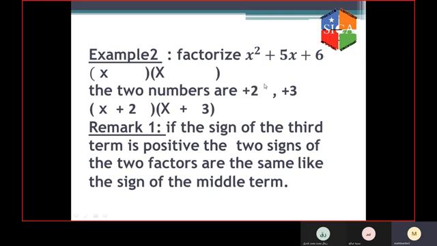We find that the two numbers are positive 2 and positive 3. Then x plus 2 times x plus 3 is the factorization of x squared plus 5x plus 6. It's easy to know: if the last term sign is positive, we search for two numbers whose product is the last term and whose sum is the middle term coefficient.